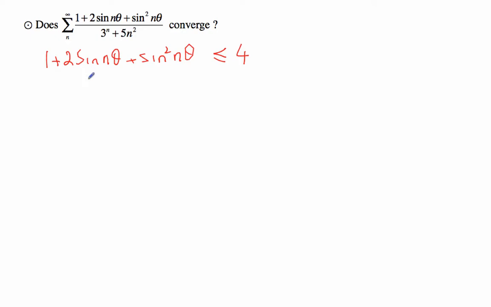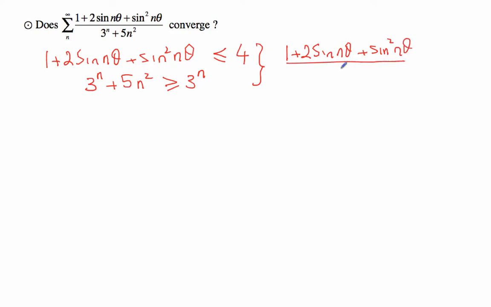Look at the denominator. That's 3 to the n plus 5n squared. And since n is bigger than 1, it could be much bigger than 1, this is certainly bigger than 3 to the n. So take these together, and now let's look at the ratio. This 1 plus 2 sine n theta plus sine squared n theta divided by 3 to the n plus 5n squared is certainly going to be less than 4 divided by 3 to the power n.